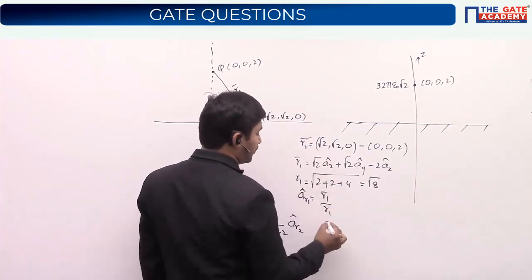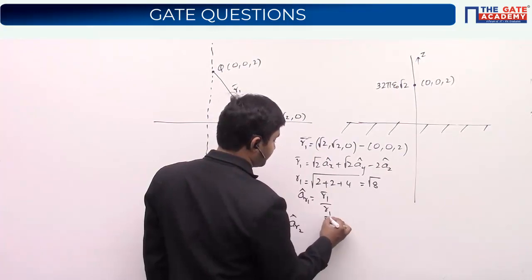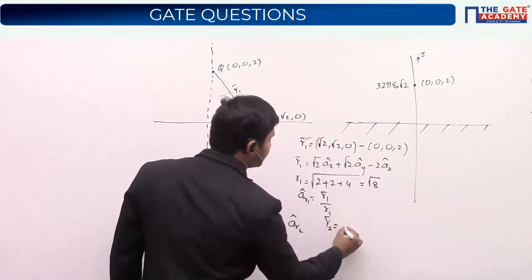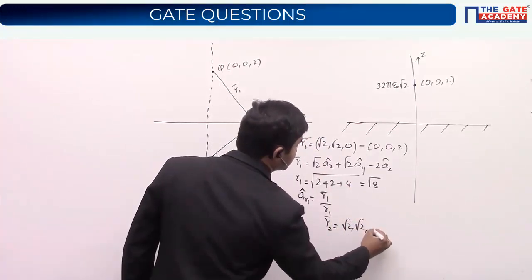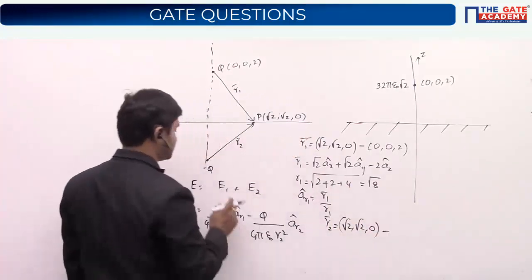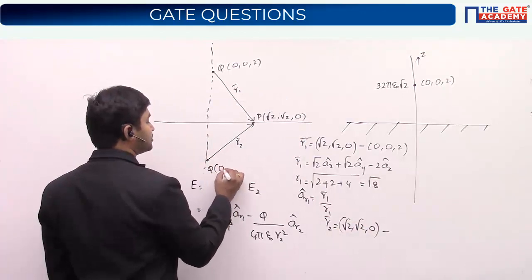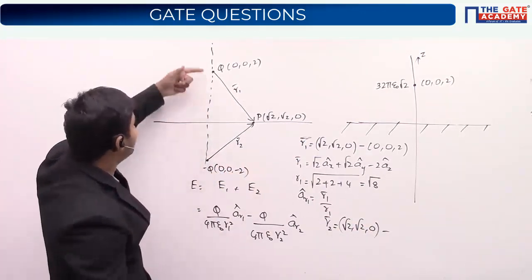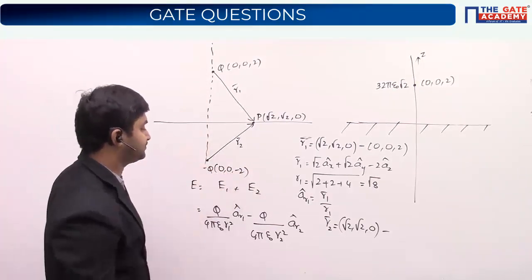This is R1 bar. What about R2 bar? The destination point still remains the same, root 2 comma root 2 comma 0, minus this particular point, which would be 0 comma 0 comma minus 2. Correct? The image of it on the z-axis is going to be at minus 2.